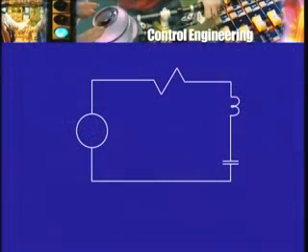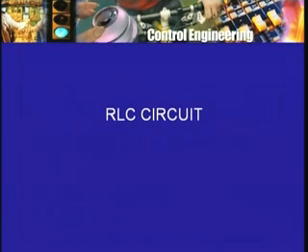For example, one can even have a more primitive model of the mass spring dashpot system, and I will draw the circuit diagram. Here it is, a resistor in series with an inductor in series with a capacitor connected to a voltage source, or what we refer to as an RLC series circuit.